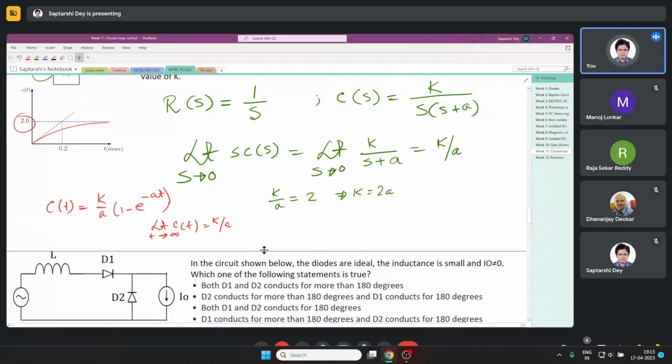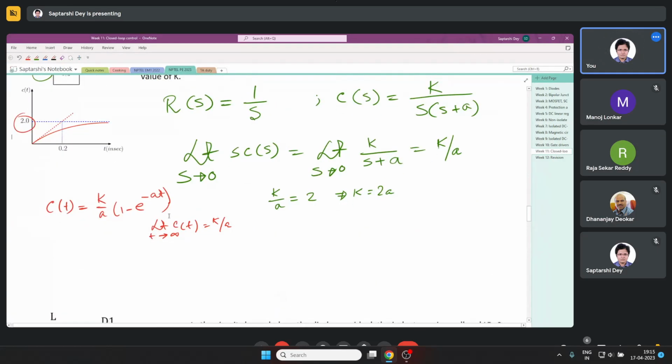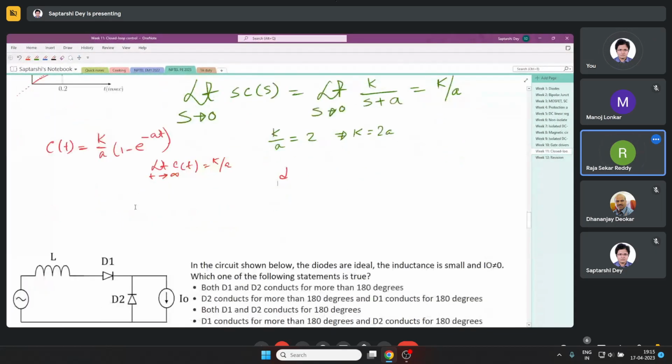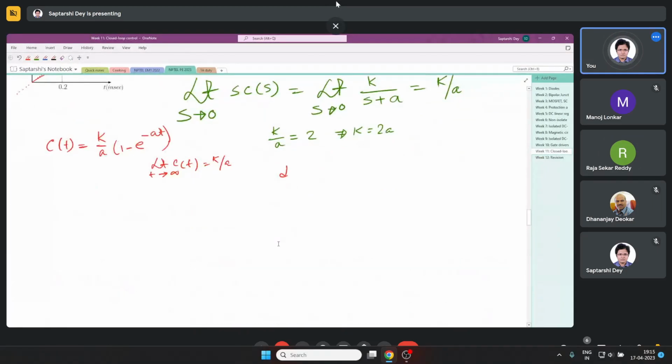I think we have another piece of information also, which is this. They have given the initial slope. So the initial slope means dc(t) by dt. Just a minute, I will take some more space here.